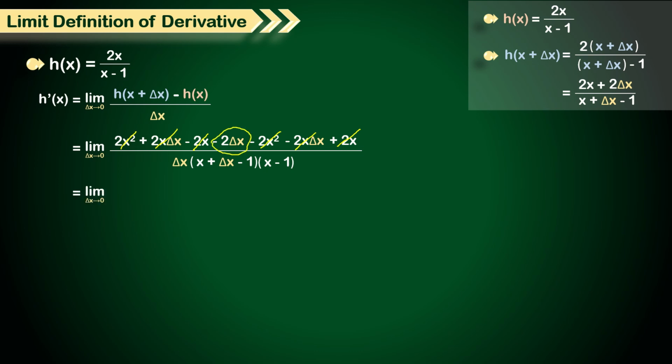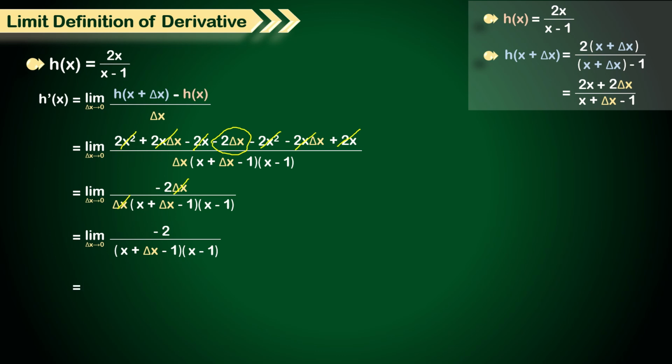The limit of the remaining terms in the numerator, which is -2Δx, over the entire denominator. Simplify further by eliminating the factor of Δx. The limit of -2 over the product of (x + Δx - 1) and (x - 1).